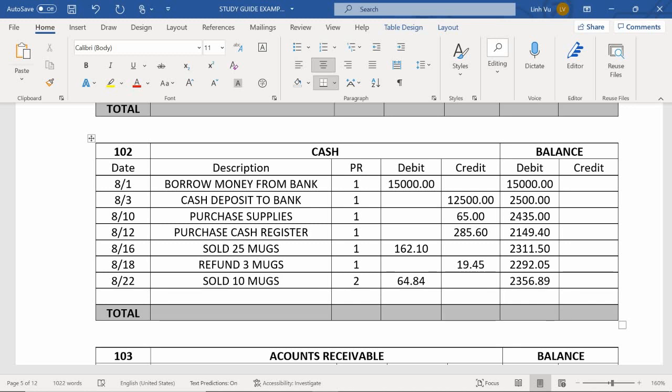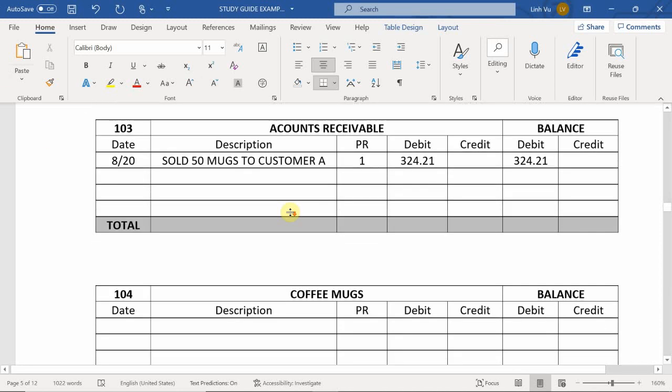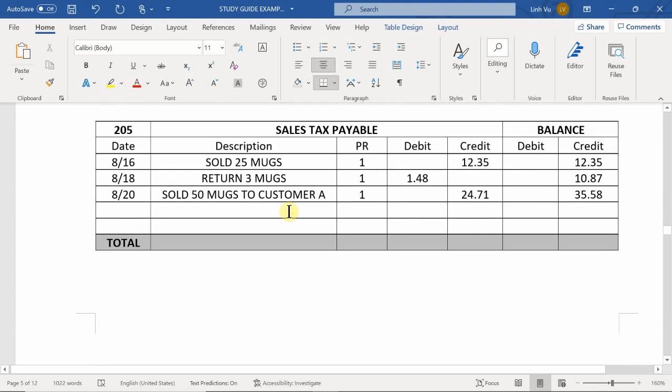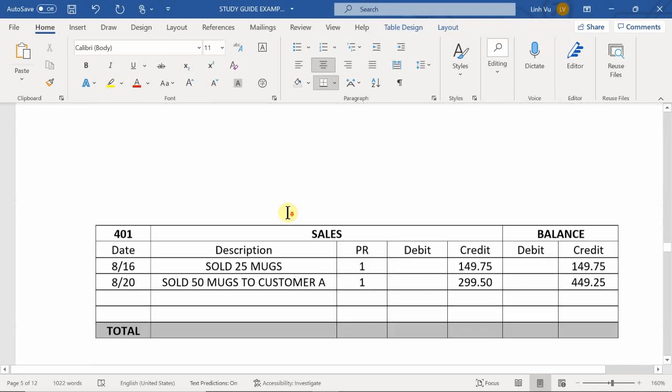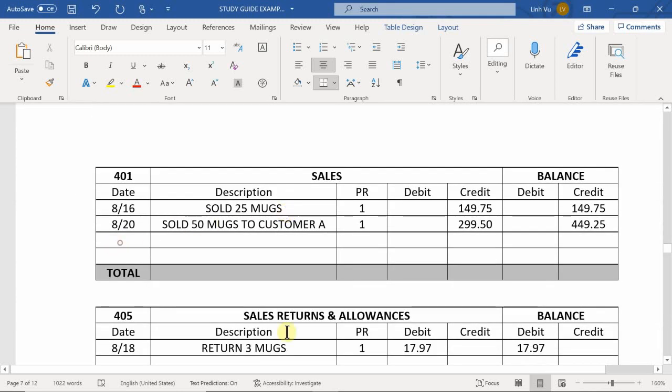Okay, good. This is the cash. Then we need the sales. So this is the 22nd. We sold 10 mugs.